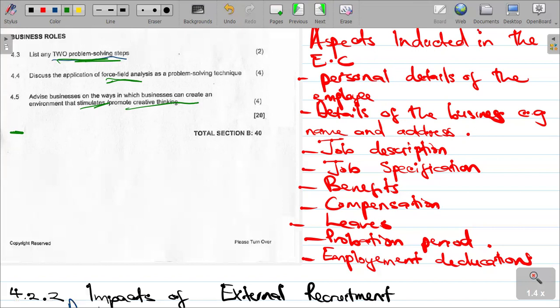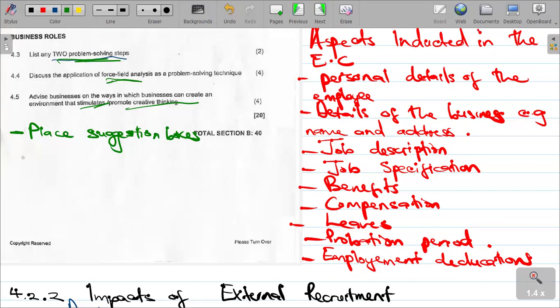One, you're supposed to place suggestion boxes around the workplace and keep communication channels open for new ideas.